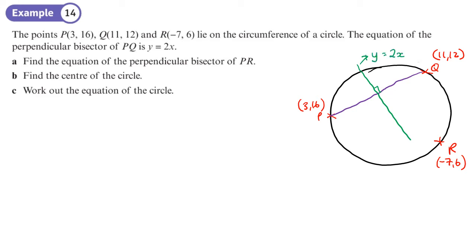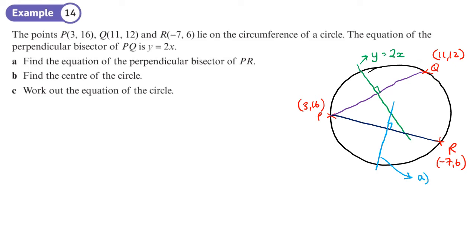And in part A, we need to find the equation of the perpendicular bisector of PR. So PR is this, and its perpendicular bisector, let's do it in a different colour here. So we want to find the equation of this line here. This is basically part A.